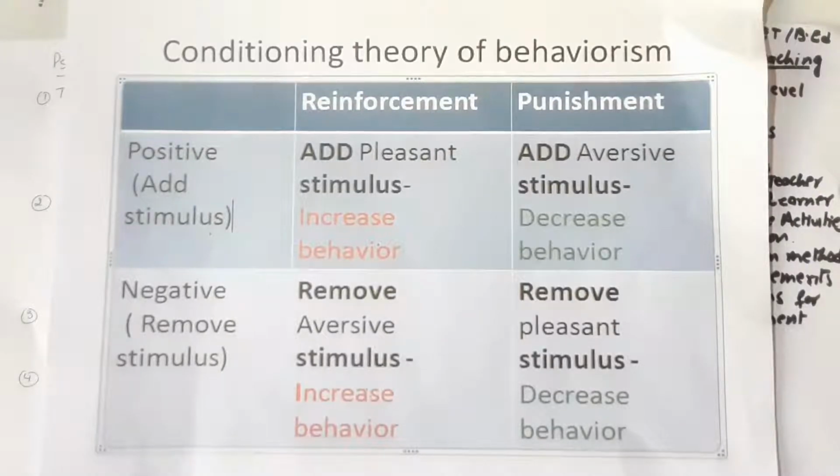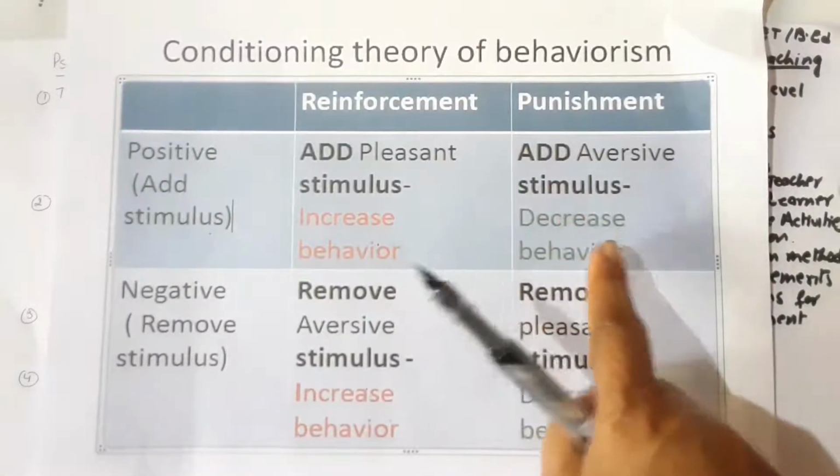We all know that children like to play with toys. So if giving of a toy is attached to his showing of good behavior or discipline or obedience, then the child will attach this positive stimulus with the desired behavior and the tendency of showing that behavior will be increased.